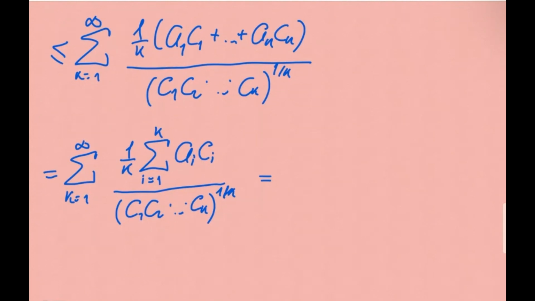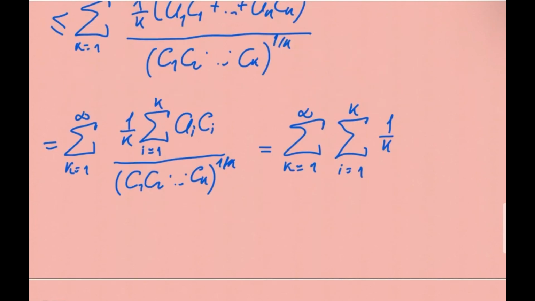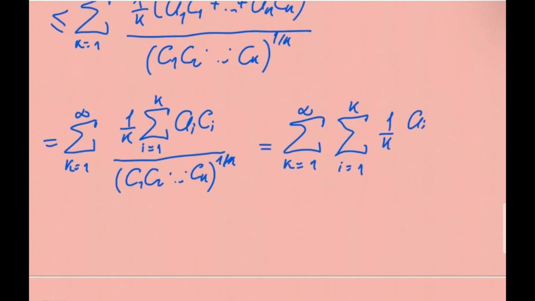Let's write this out further: the sum from k equals 1 to infinity, the sum over i from 1 to k, of 1 over k times ai ci divided by c1, c2, and so forth to ck to the power of 1 over k.